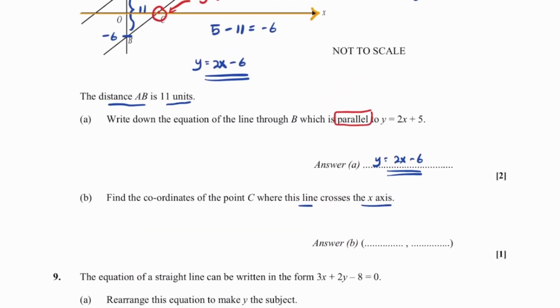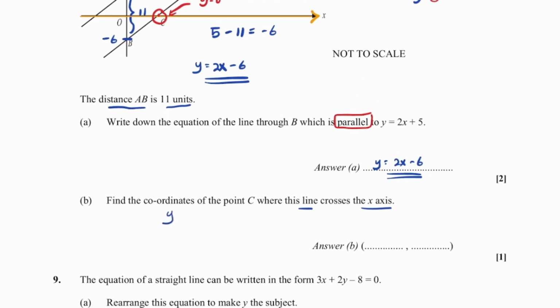So just use the same equation, y equal to 2x minus 6. When y is equal to 0, what happens to your x? Your x should be 6 divided by 2, that would be 3. So (3, 0) would be your final answer.